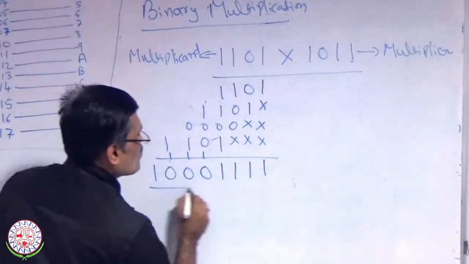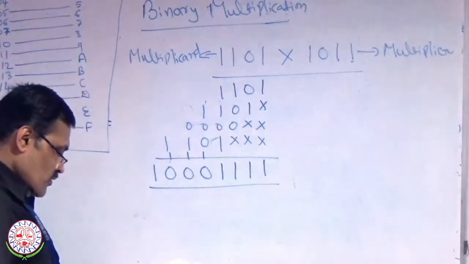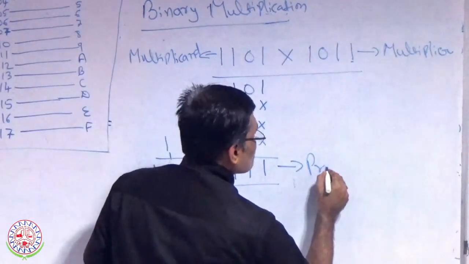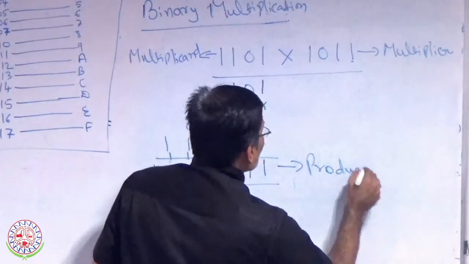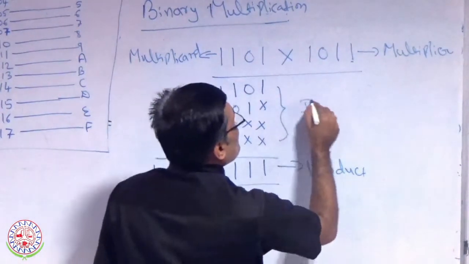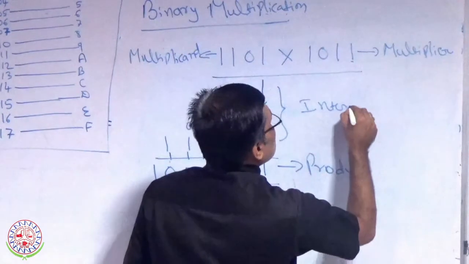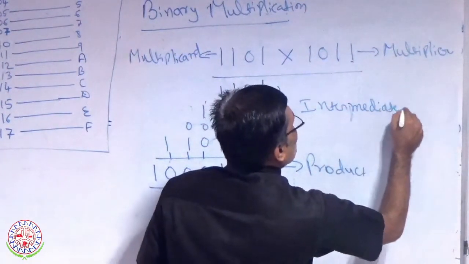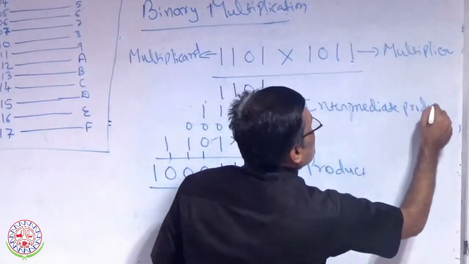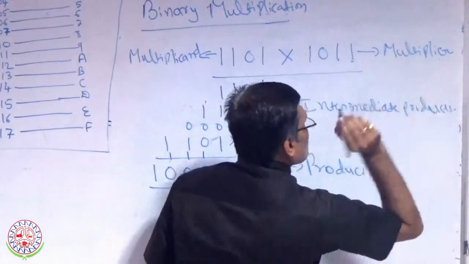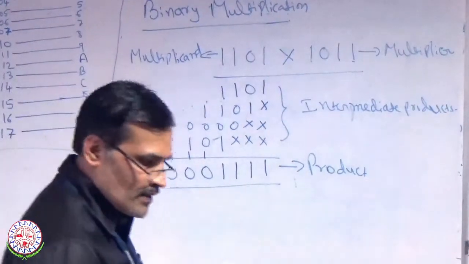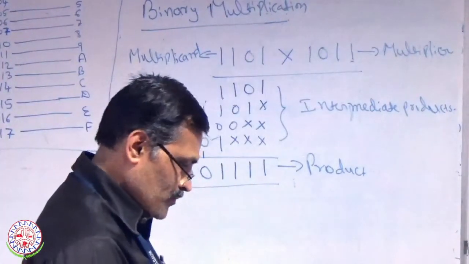This is the final answer, the product. These are known as intermediate products. As simple as that. I think this is very much clear.